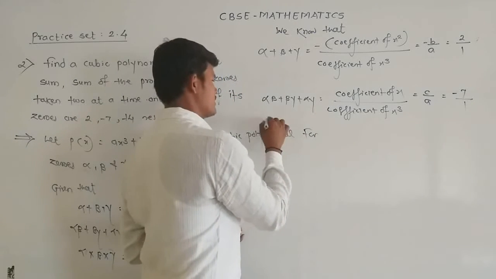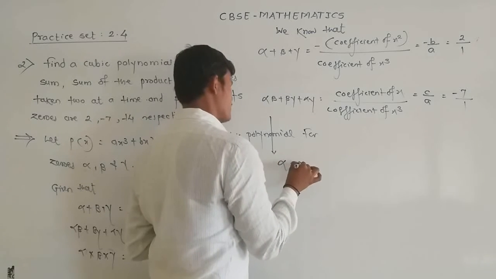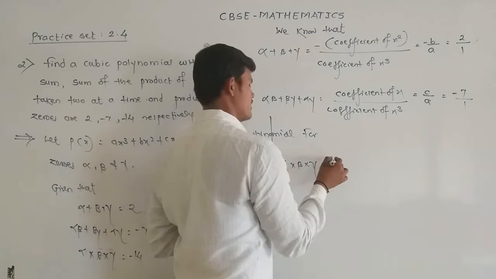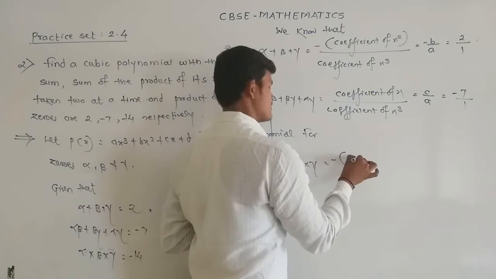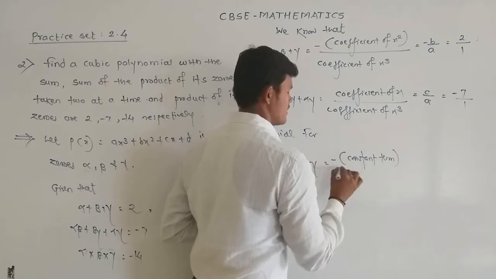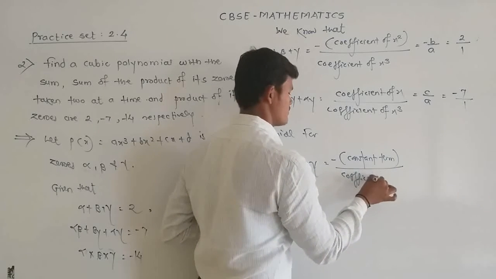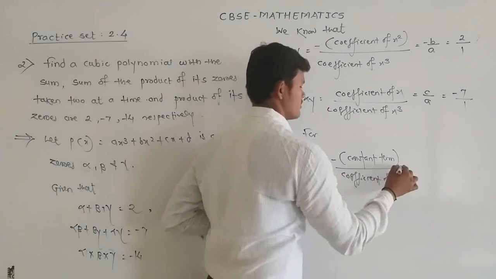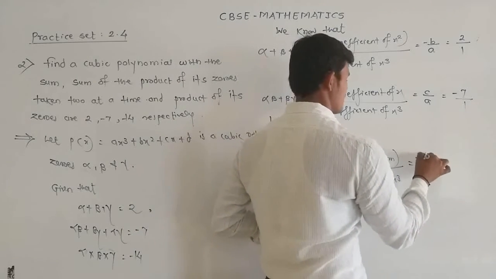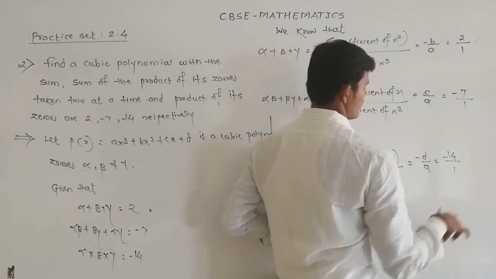And the last relation is the product of zeros, that is alpha into beta into gamma, which is nothing but minus of the constant term divided by coefficient of x cube, that is minus d by a, and its value is minus 14 divided by 1.